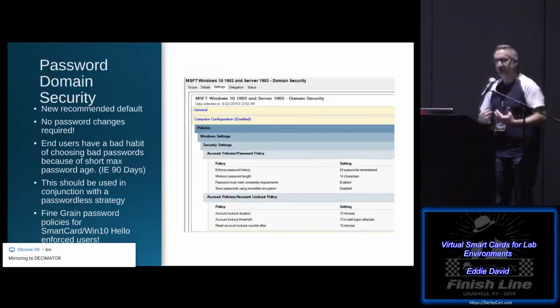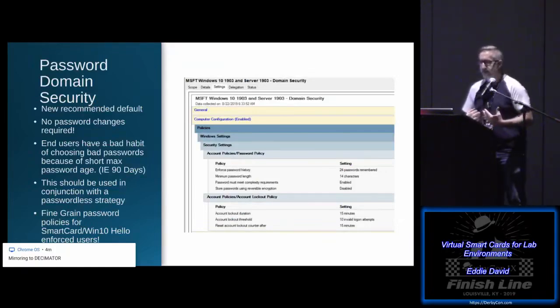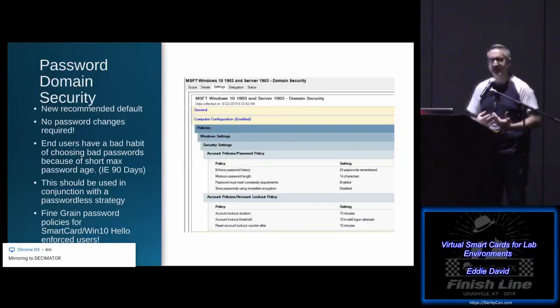Another thing that's changed in the password landscape, if you don't follow it: when Microsoft released Windows 10 1903, they came out with some very radically different password guidance. They basically got rid of password expirations. And that was very controversial.